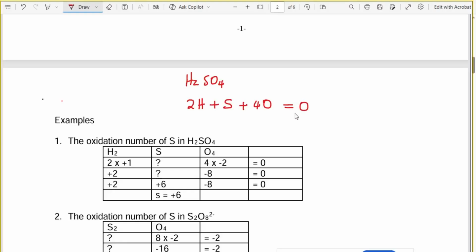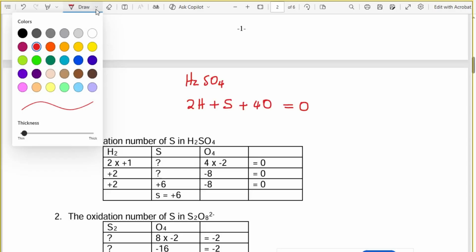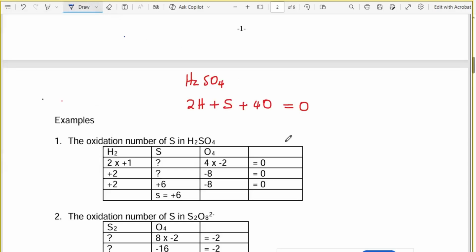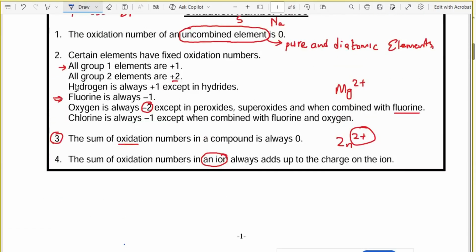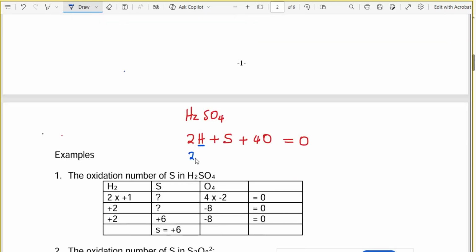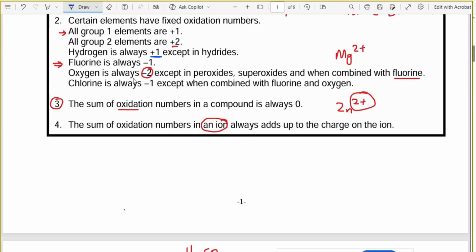The next thing you need to do is identify the oxidation number of H. If you go back, they said that hydrogen is always +1, except in hydrides. So I'm going to say this is 2 times +1, plus the sulfur, which is the one we are looking for, plus 4 times the oxygen, and oxygen is always -2.